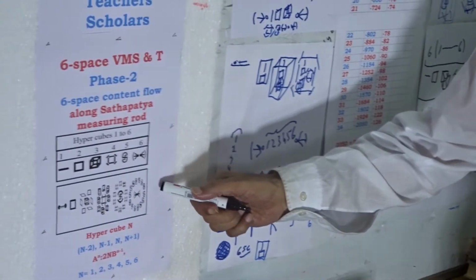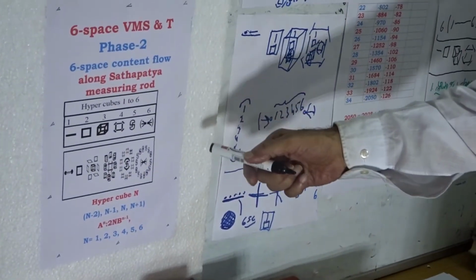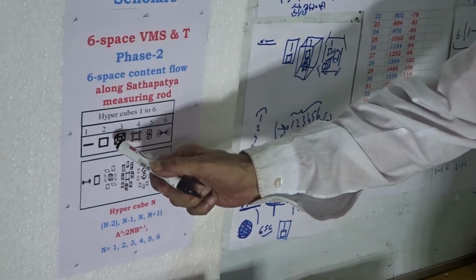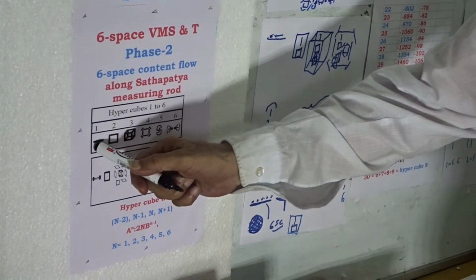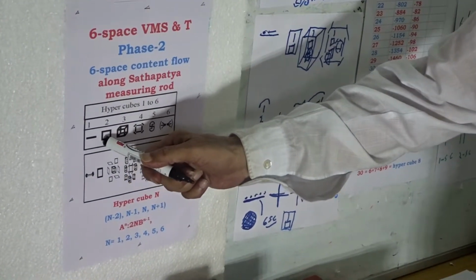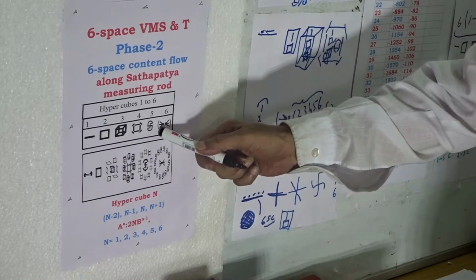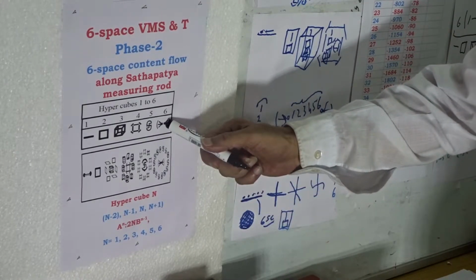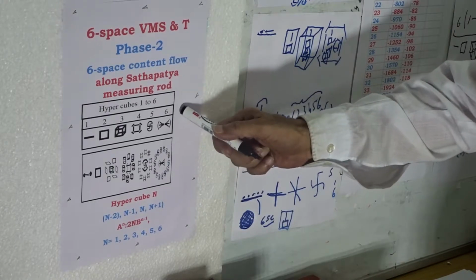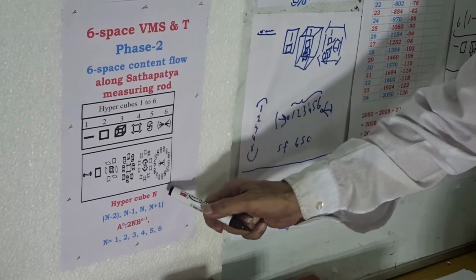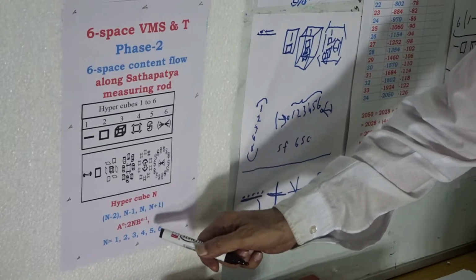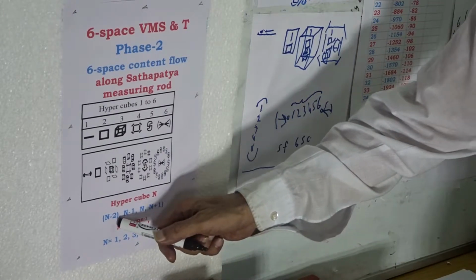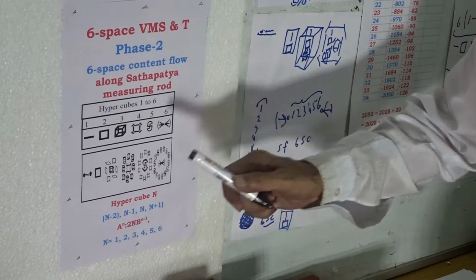Let us revisit Sthapatya miring rod. Sthapatya miring rod is a synthetic setup of representative regular bodies of 1 space to 6 space. Further, we know that these hypercubes, the representative regular bodies, are having domain boundary ratio of the formulation a raised to power n is to 2b raised to power n minus 1.